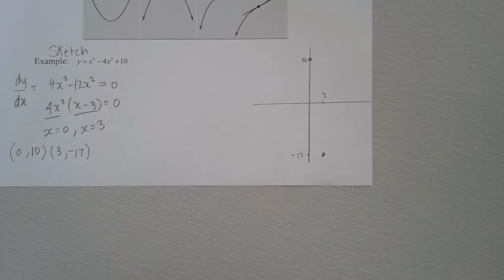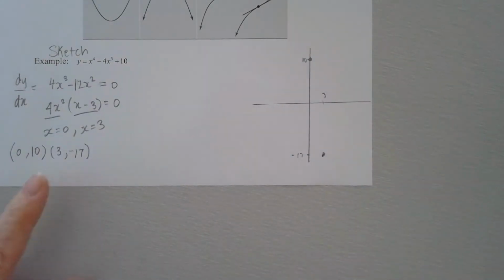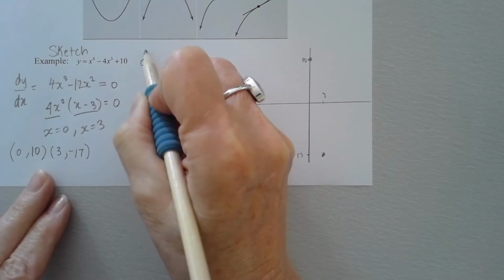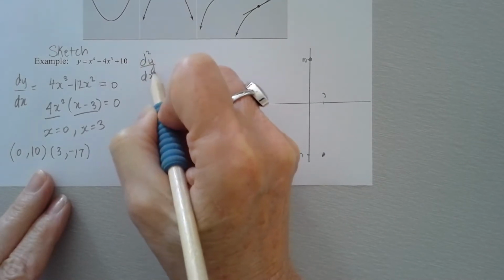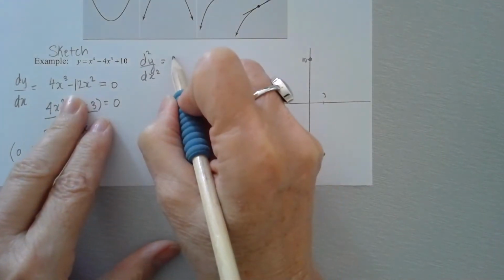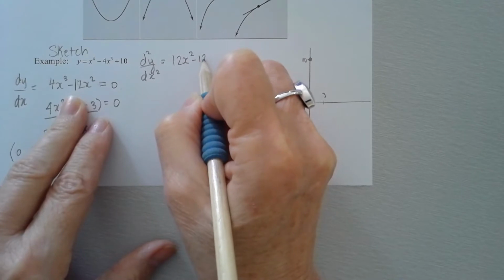Okay, now if I use the second derivative at those points, at those x values, it will tell me whether it's concave up or concave down or a point of inflection. Yeah? So I'm going to do that. I'm going to go d squared y dx squared is equal to, and I'll take the derivative of the first derivative, which is 12x squared this time, I won't make a mistake, minus 24x, yeah?